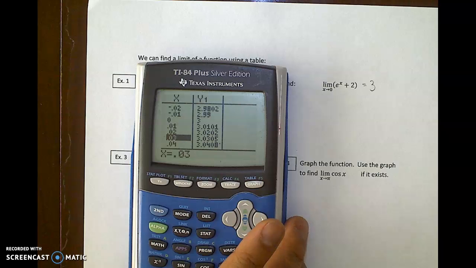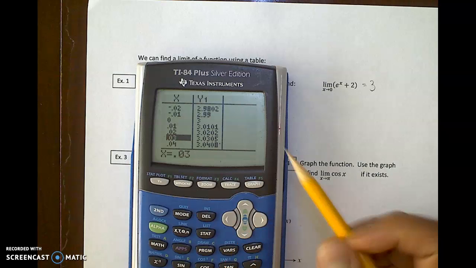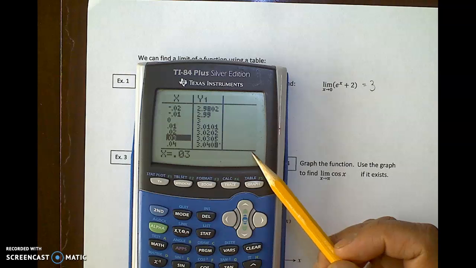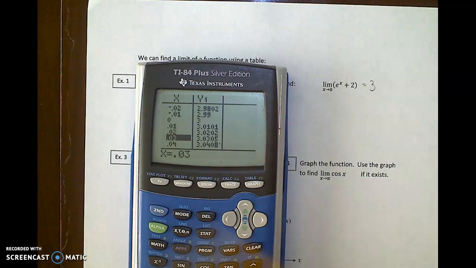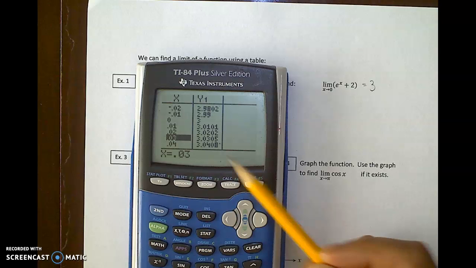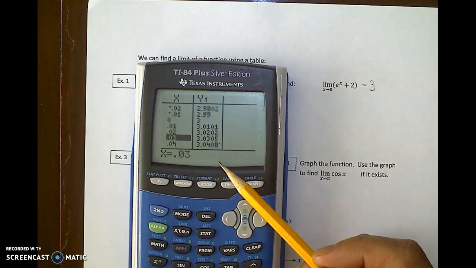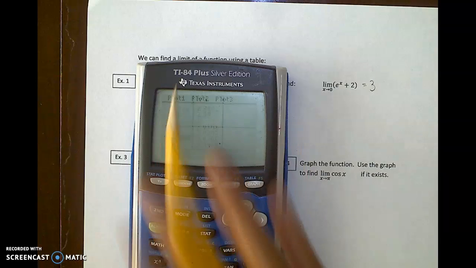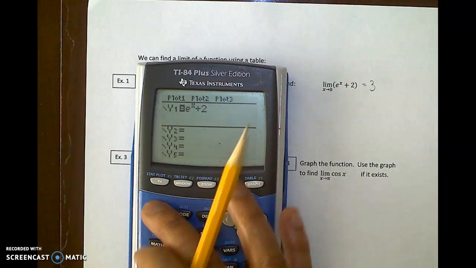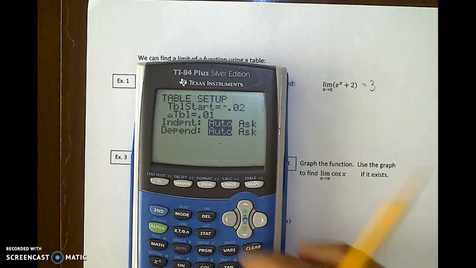Alright, so that's how you can do the problems from the homework where they ask you to use a table or to use a calculator. You want to enter in a function into your y equals. You want to start your table at a particular value.